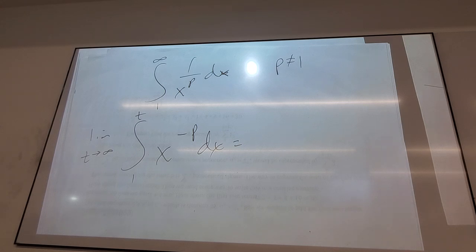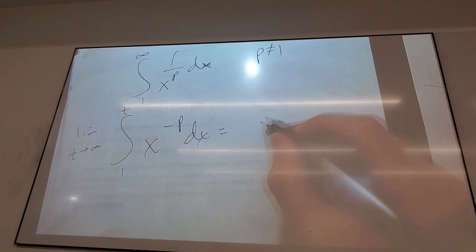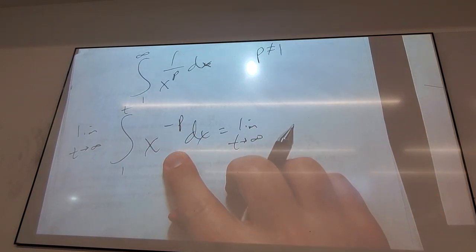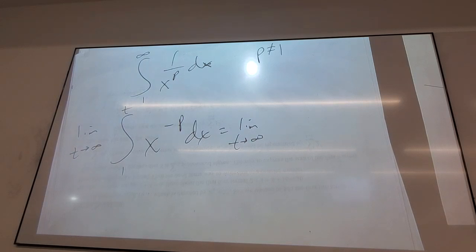Just to match up with what we just did, I'm curious, what powers of P will save it? 1 over x wasn't saved. The power of 1 did not compel it to converge. It diverged. So somebody help me out with the form of the answer to this integration. Don't overthink it. What do you always do?